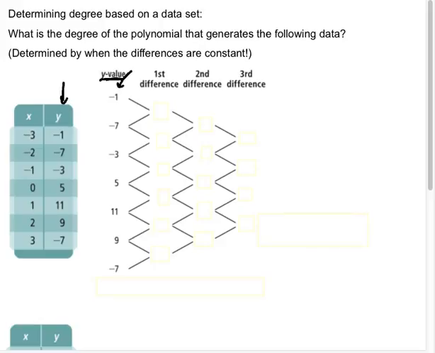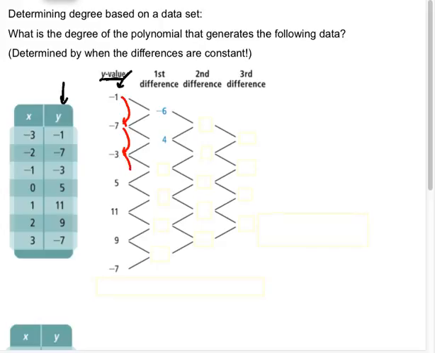And now I want to find all of those differences. So here, how do I go from -1 down to -7? Well, I'm subtracting 6. How do I go from -7 up to -3? Well, that is adding 4.